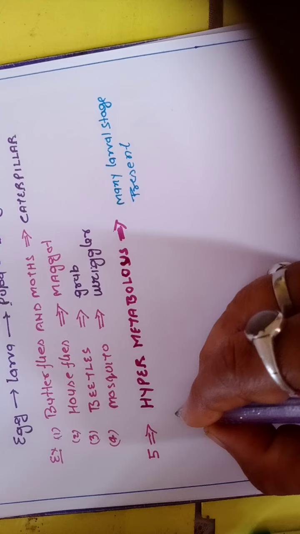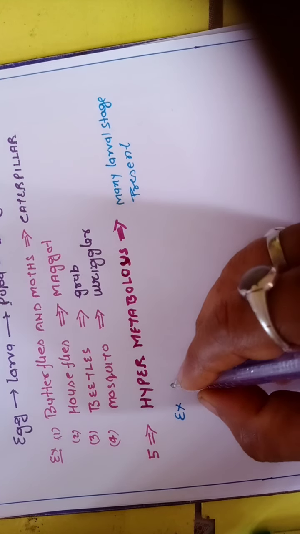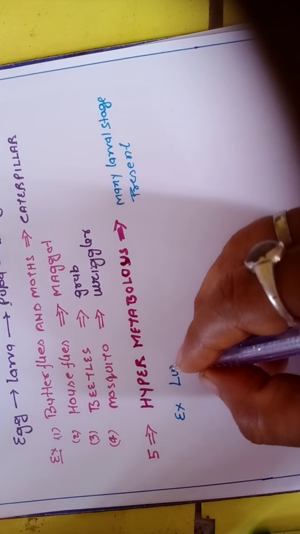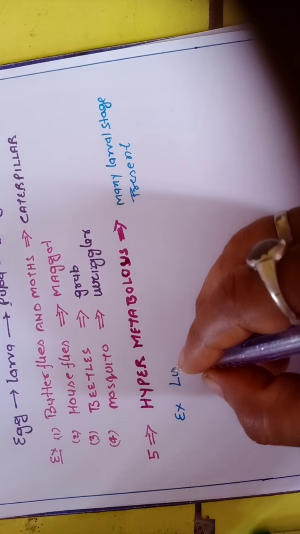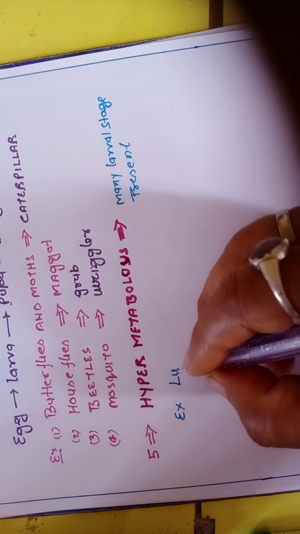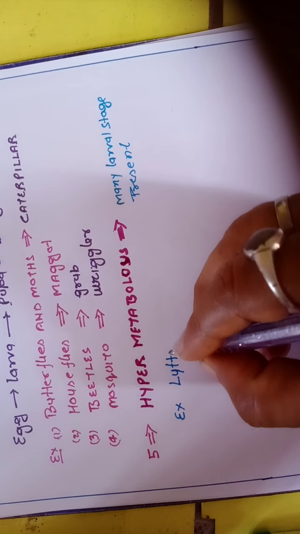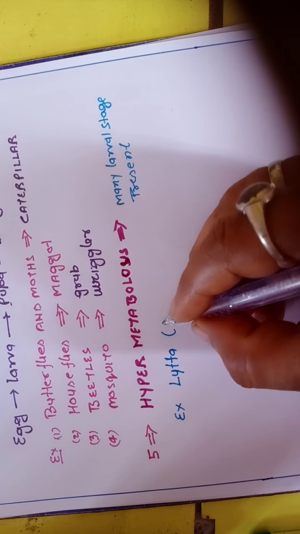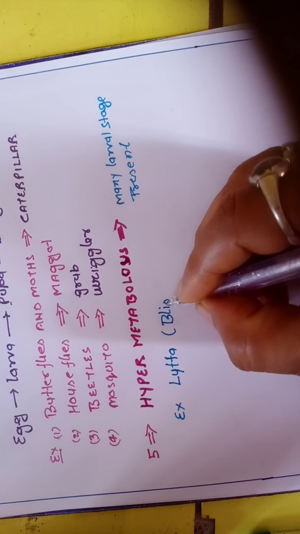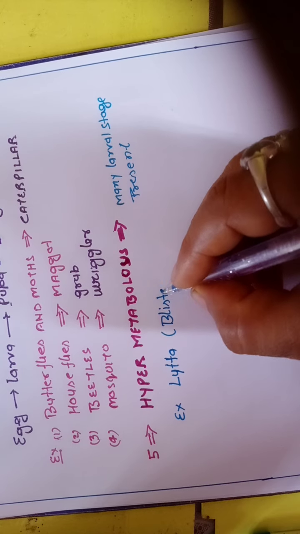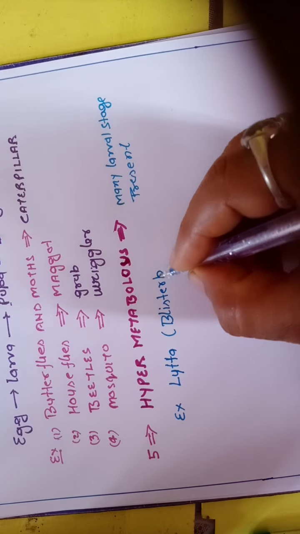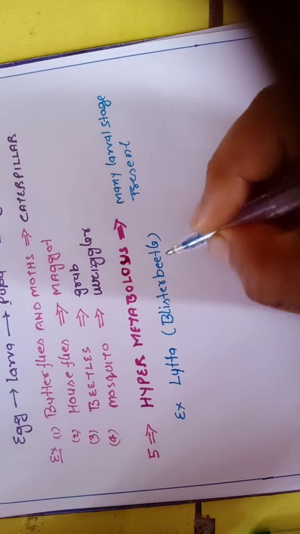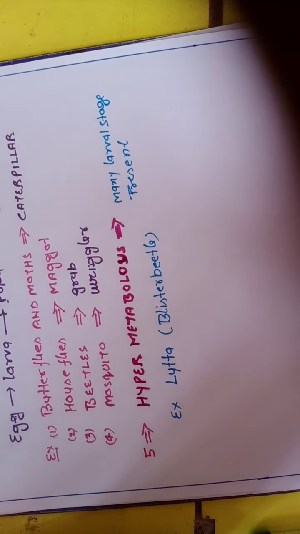Example, so only one point here. The example is the blister beetle. It is very commonly known as blister beetle. It makes blisters on the skin.